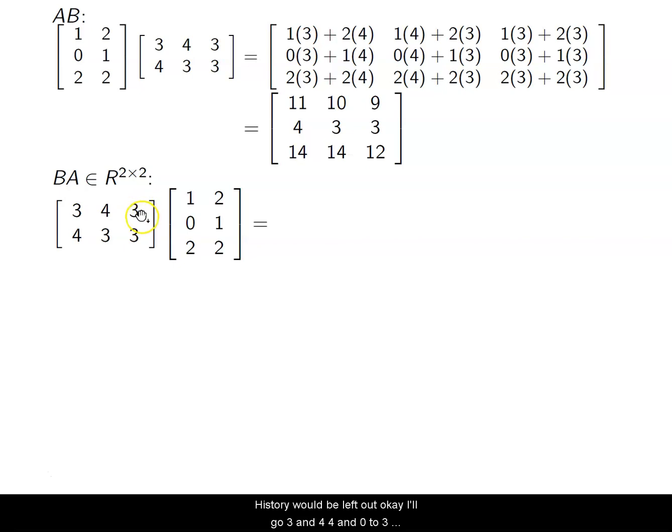This 3 would be left out. I would go 3 and 4, 4 and 0. This 3 would have nothing here, which is why it would be impossible to multiply. That's why the number of columns has to match the number of rows, because the number of entries in this row needs to match up with the number of entries in this column in order to do the multiplication. So here the first entry.